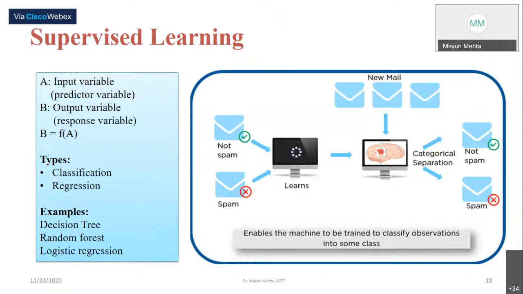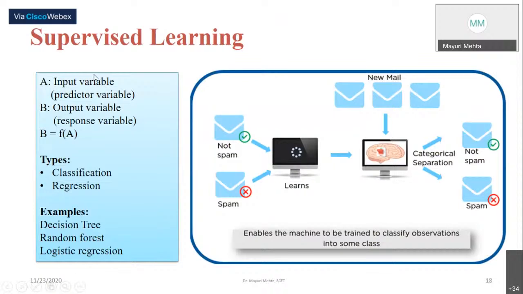Okay. Supervised learning, as you know, is a technique in which we train our machine learning model with labeled data, right? Supervised learning algorithms are the most commonly used machine learning algorithms for solving problems. They take the training data and its associated output during the training process.